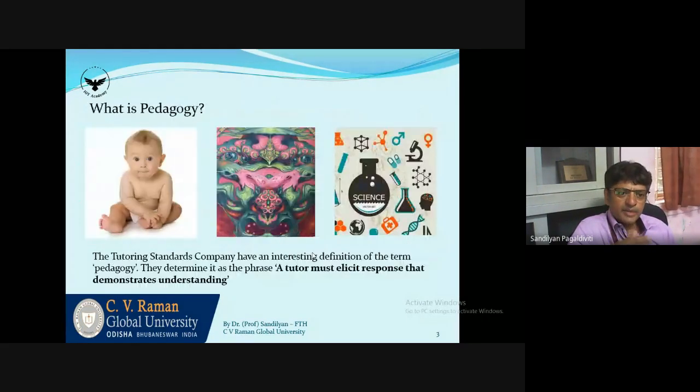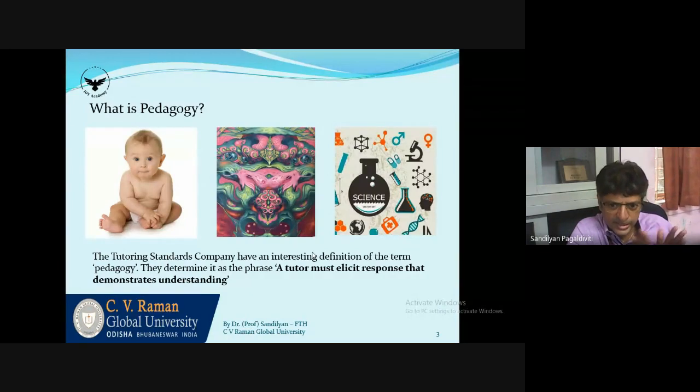We are, ma'am, more focused on adult learning or teaching adults. That is known as andragogy. However, pedagogy is a synonymous term which is commonly used for the teaching learning process. And if you have noted down, there is an interesting statement here. A tutor must elicit response that demonstrates understanding.